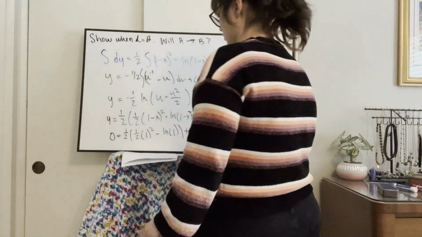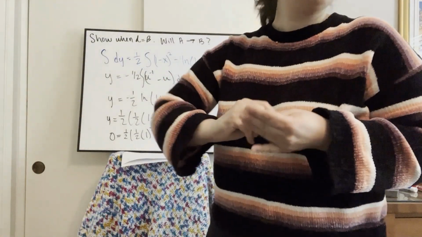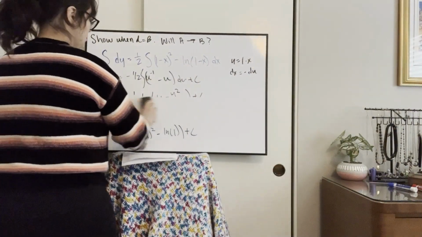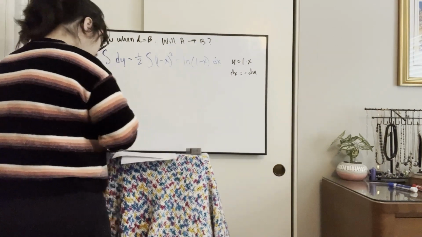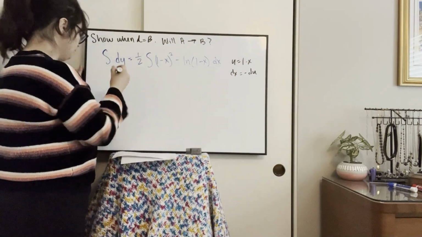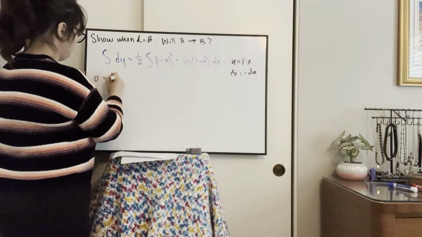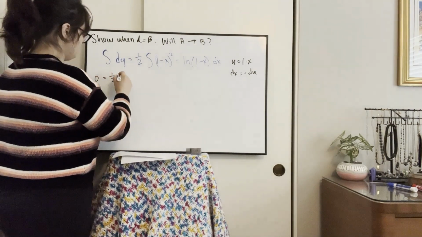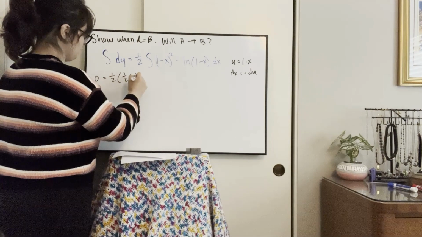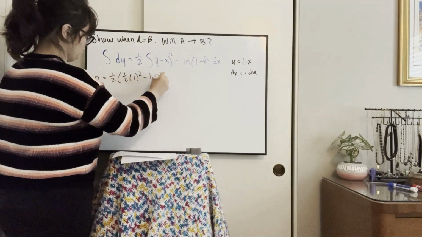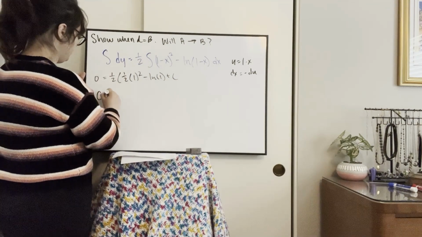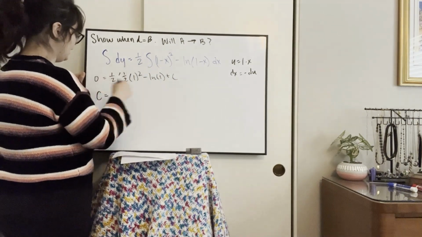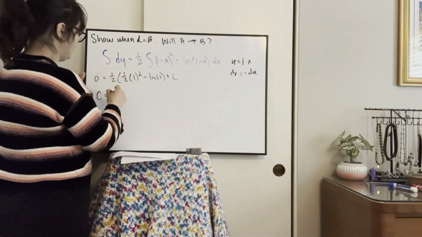Let's just erase, ran out of room. So we're going to do c on this side, and we're going to subtract c, but then we're going to multiply by a negative on this side.